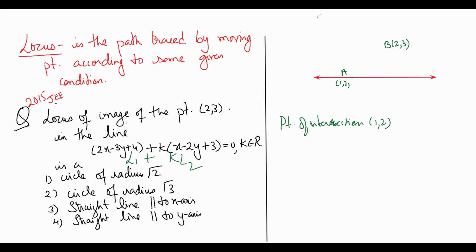What you have to do is just follow the given condition. Now the image must be somewhere here, and I took that image as (h, k). I have to just follow the given condition.